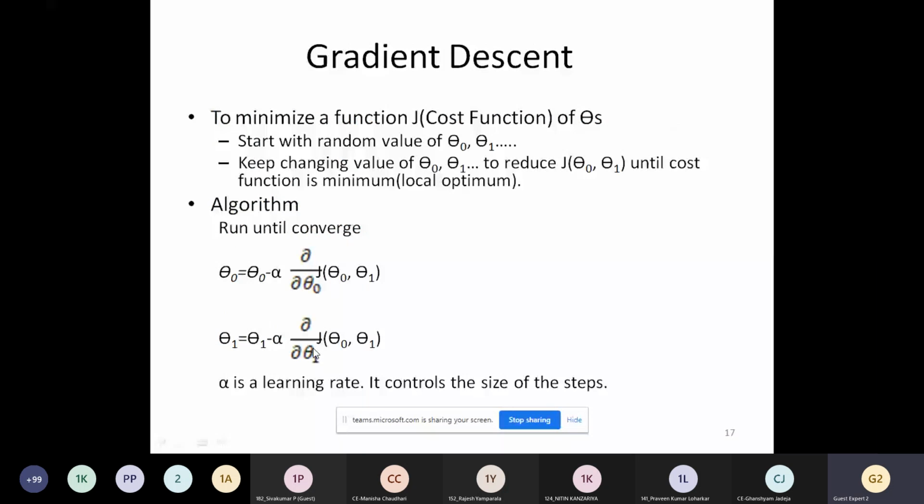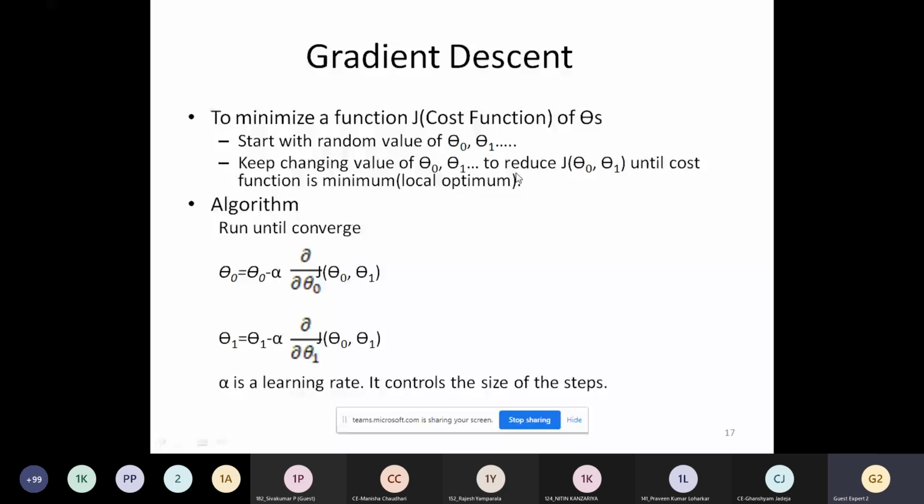Now, this gradient descent algorithm has two steps. First step: start with any random values of theta 0 and theta 1. I can start with theta 0 equal to 0, theta 1 equal to 0. And then iteratively change the values of theta 0 and theta 1 using some technique that we'll discuss further, and find the cost.